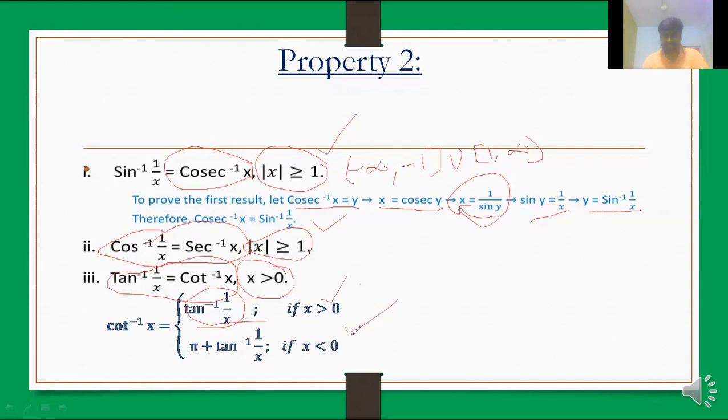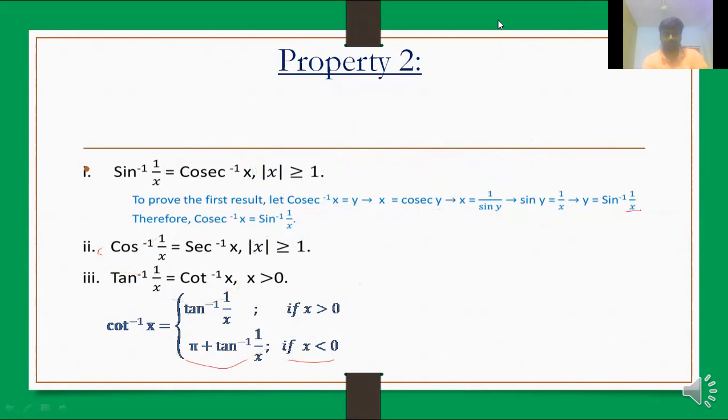But whenever x is less than 0, the result is pi plus tan inverse of 1 by x. That is very important: for cot inverse of x with x less than 0, that result holds good.